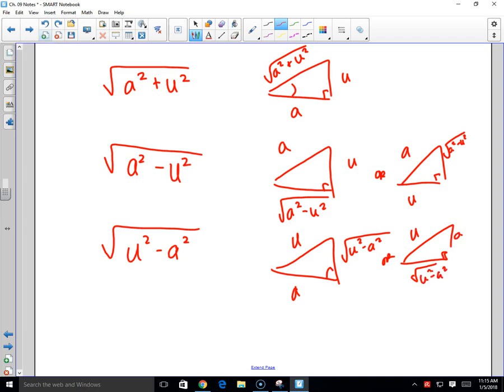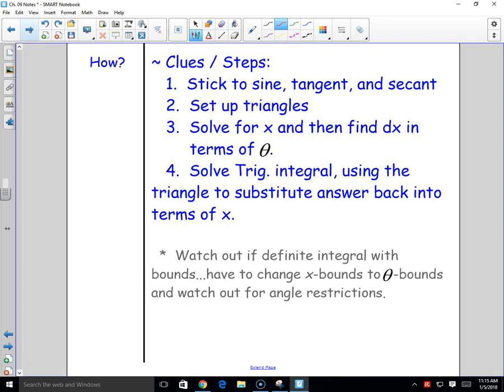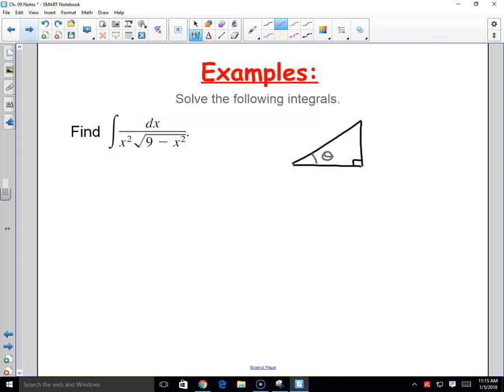Do you get the idea of how we're taking an expression and plugging it into a right triangle? But we need to figure out if one way is easier than the other. Let's go find one with the minus. We'll come back to that.